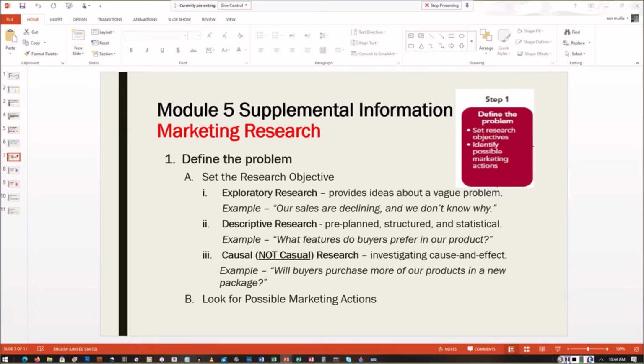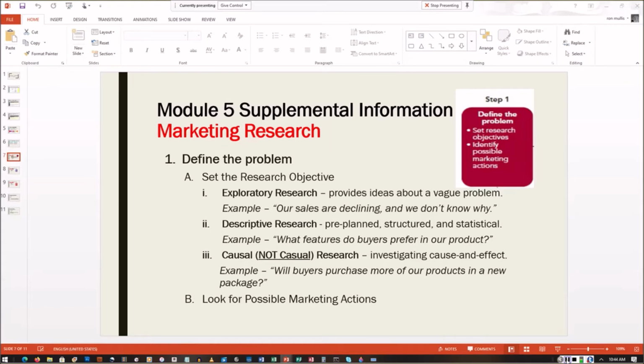Keep in mind that the exploratory data that's collected is not statistical or quantitative. An example of exploratory research is trying to find out whether or not sales have declined and what can be done to stop the decline.